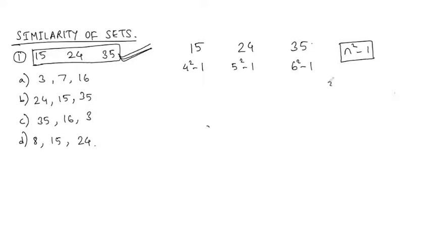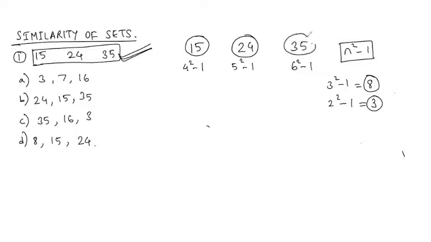What is 3 square minus 1? 8. What is 2 square minus 1? 3. Yes, 3. Now we'll check for all the numbers. 1 square minus 1 is anyway 0, we don't have to check. So starting from this: 3, 8, then 4 square minus 1, 15, 24, 35. Now look at the options and tell me which is the correct option.